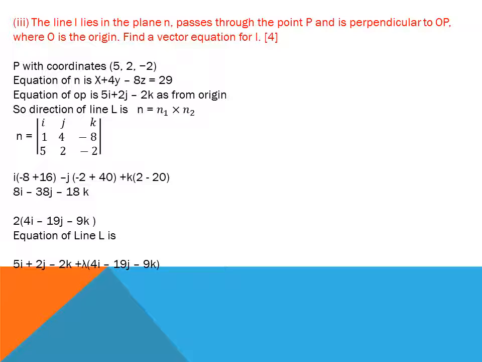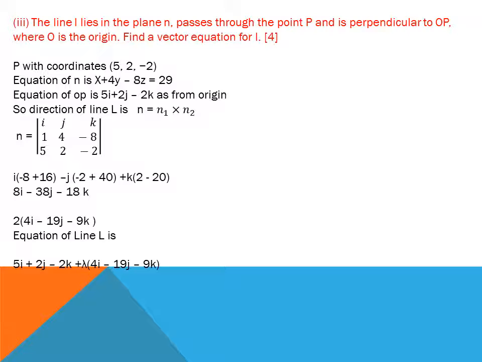In this I find that 8I minus 38J minus 18K. When we take 2 common from this equation, it will become 4I minus 19J minus 9K. It's the required direction of the line. You could also take the direction 8I minus 38J minus 18K instead of 4I minus 19J minus 9K.